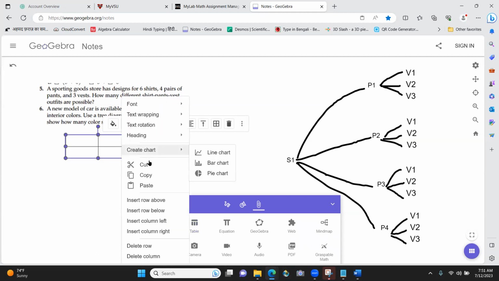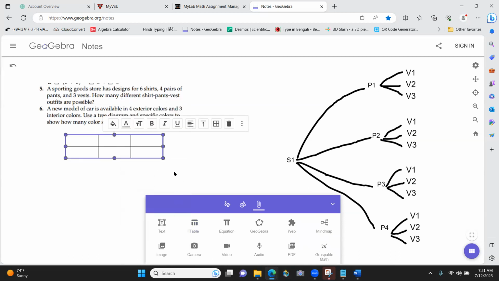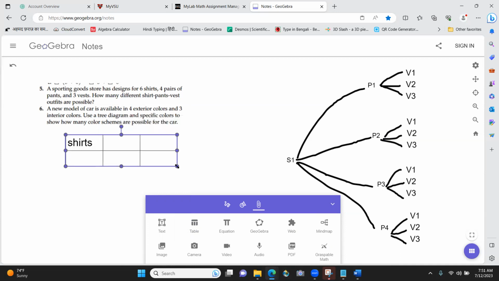So you can say you have shirt. How many choices do you have for shirts? 6. For pants, 4, and for vests, 3.